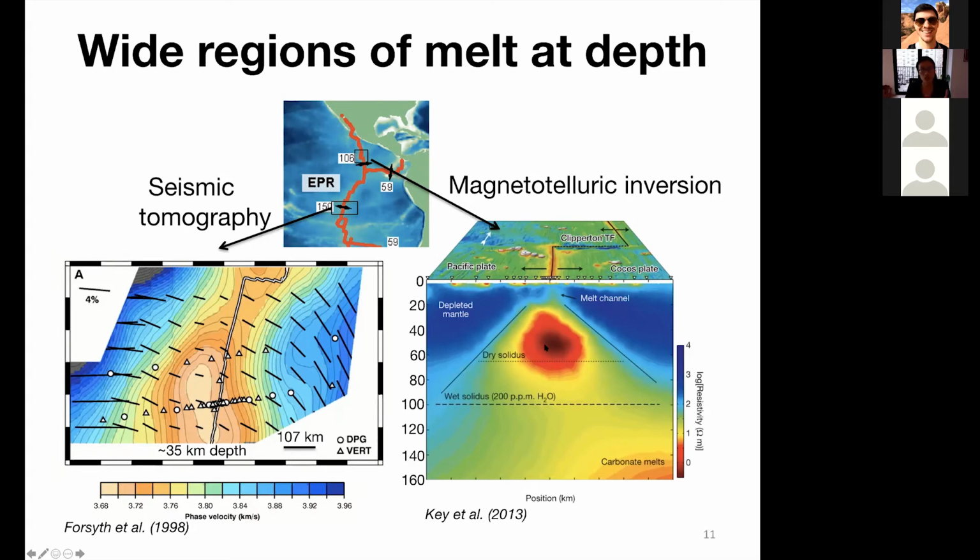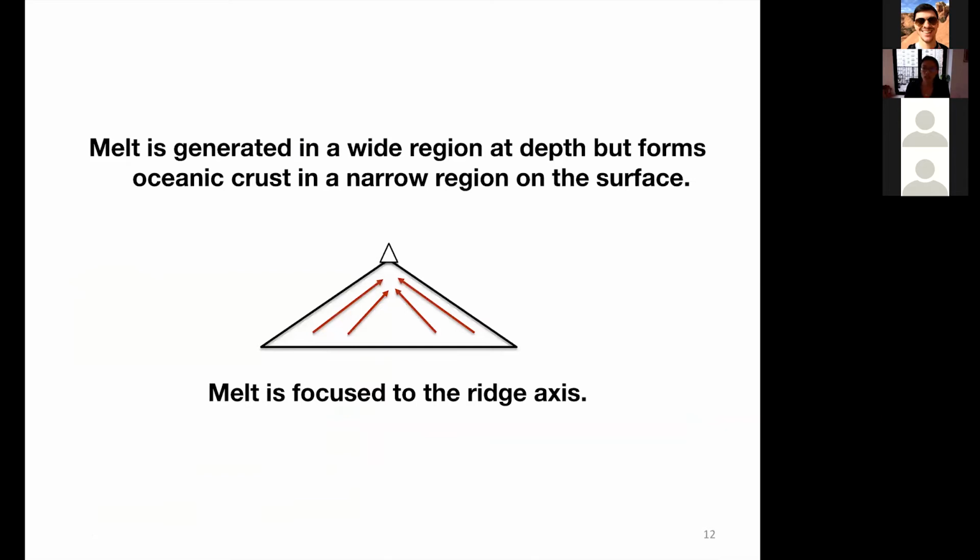That also suggests the presence of melt in a fairly wide region at depth. So we see evidence that melt is generated in a fairly wide region and that it forms oceanic crust in a fairly narrow region. So how does the melt focus?